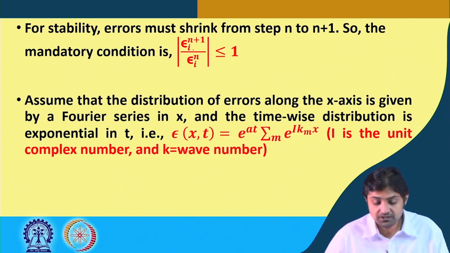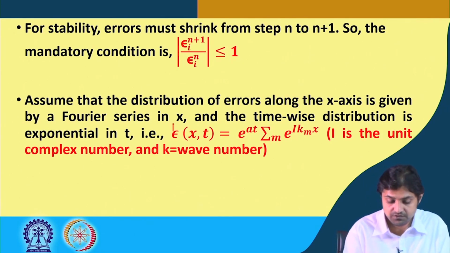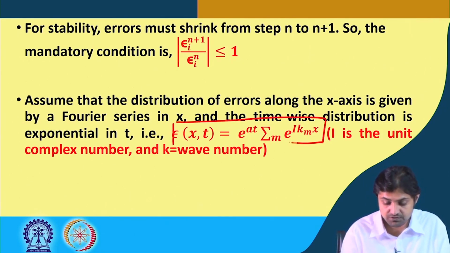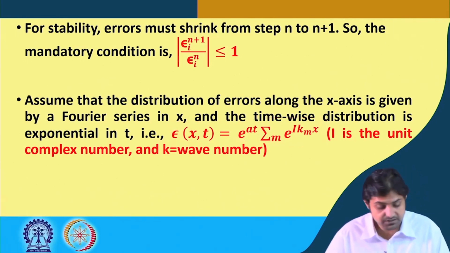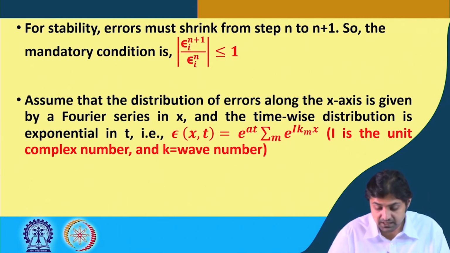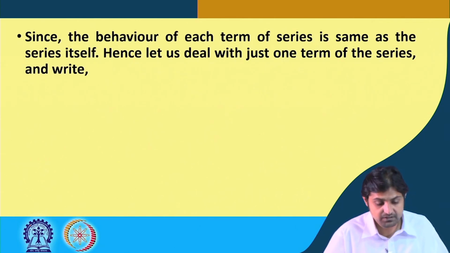Assume that the distribution of errors along the x axis is given by a Fourier series in x and the time wise distribution is exponential in t, then we can write epsilon(x, t) as e to the power a t. Here I is the unit complex number, and k is the wave number. This is very complex.